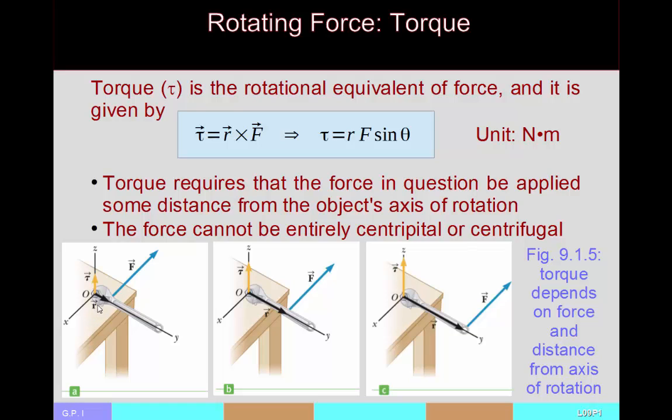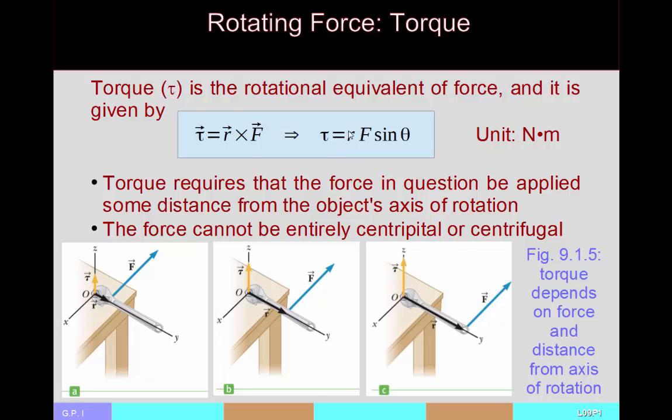And so, for example, if trying to loosen a very, very tight bolt, one trick that is sometimes used is to find a sturdy piece of pipe and to basically put it over the end of the wrench to lengthen the handle out further so that you can still apply the same amount of force to loosen the bolt, but much farther away from where that axis of rotation is.